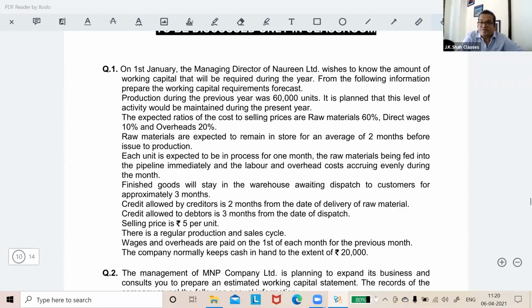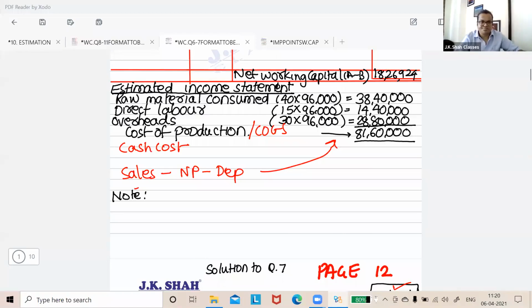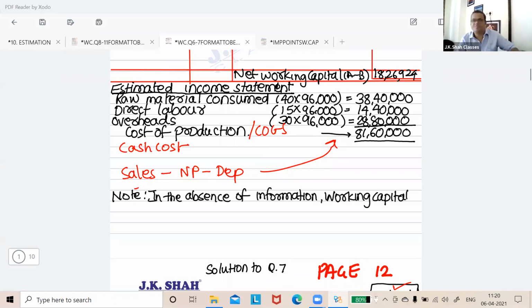Please write. In the absence of information, working capital has been estimated on cash cost basis.